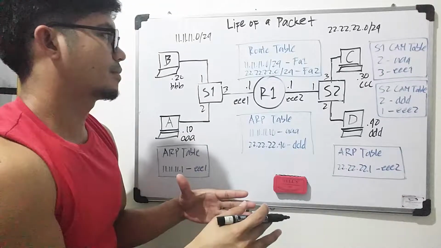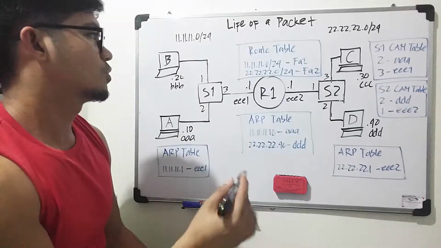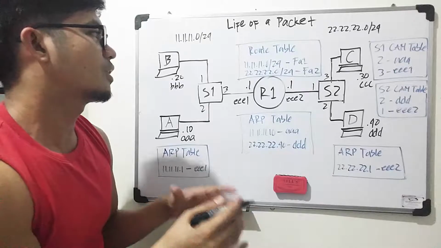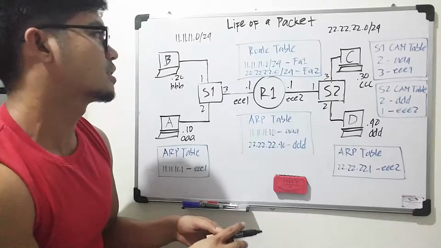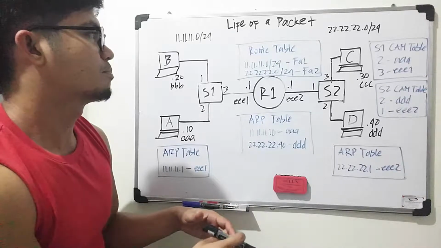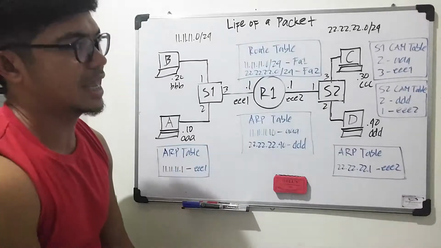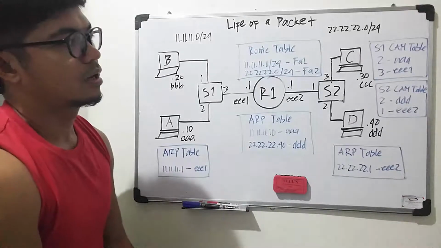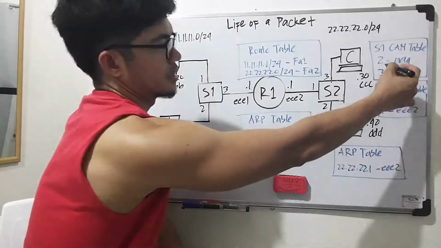So let me just back up. Switch 1 is going to do 2 things. It's going to put an entry in its MAC table, as you can see here.